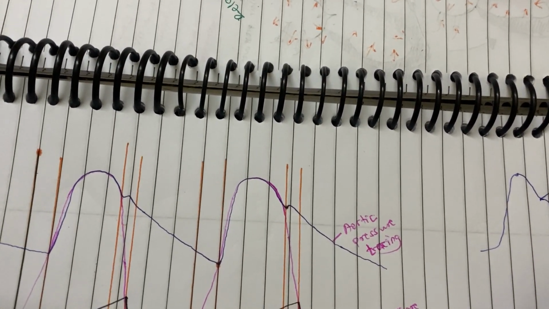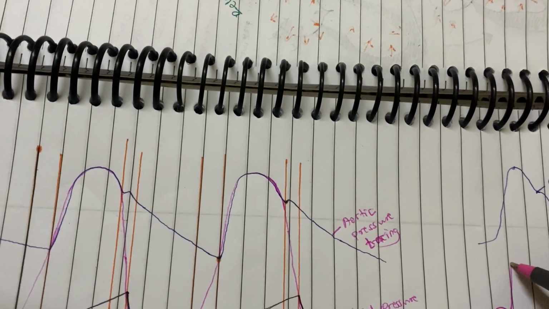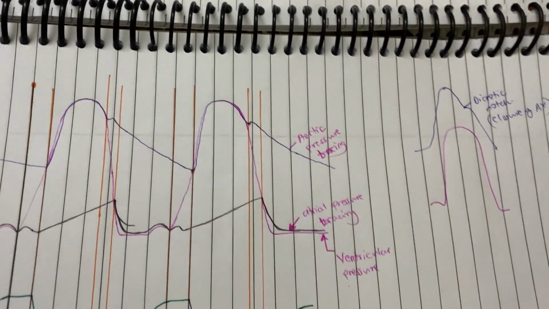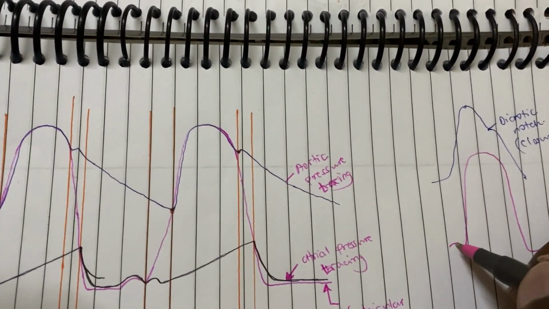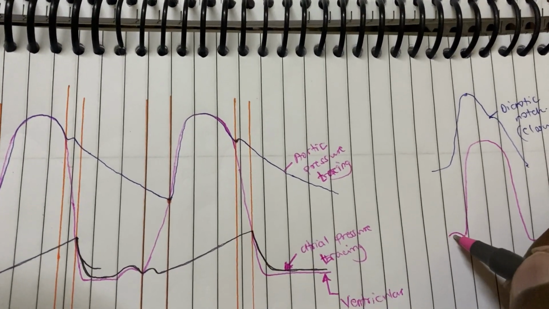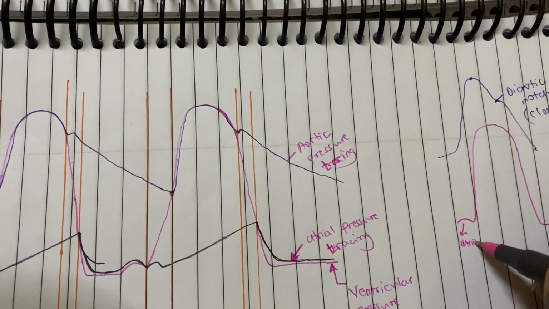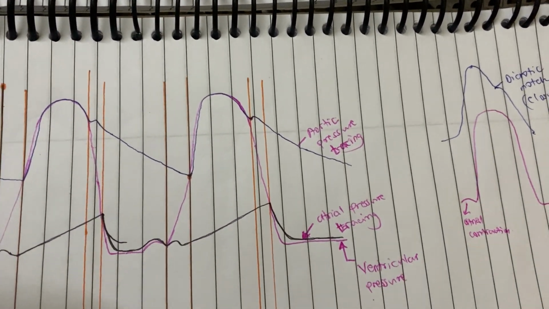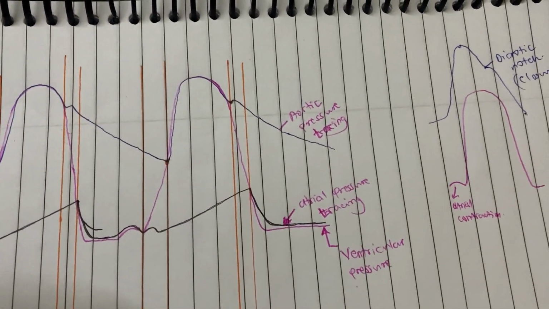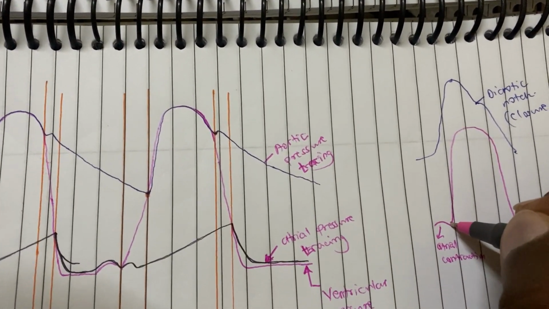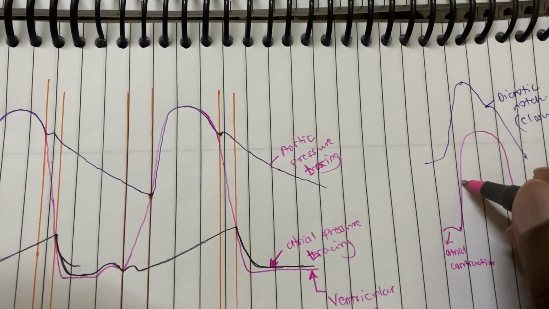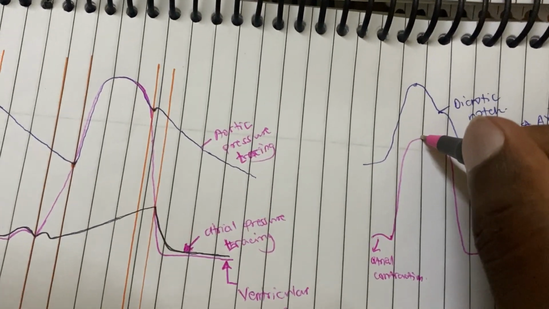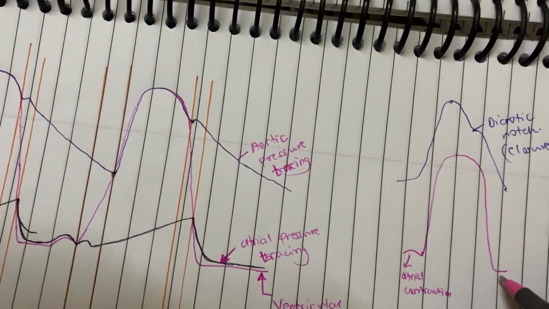And then the ventricular tracing, which is in pink, is like this. This one shows atrial contraction, this small wave. An increase in pressure because of atrial kick. Then from here, isovolumic contraction, and then peak systolic pressure here, and then end diastolic.